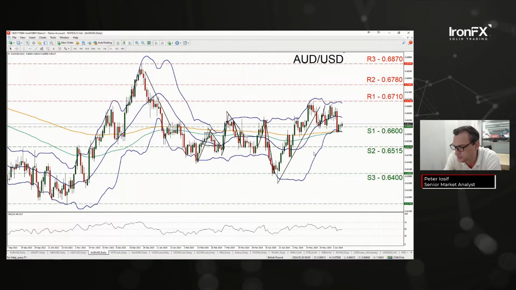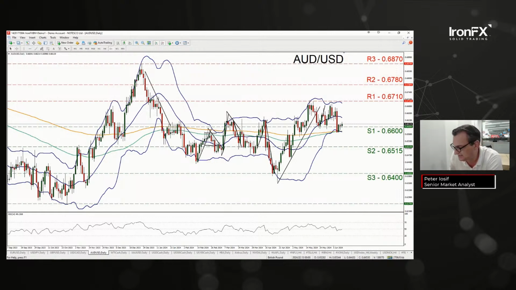On the flip side, should the USD side of the pair actually gain, then we may see the pair breaching the S1 0.66 and start aiming for the S2 0.6515. For the time being, though, once again, note the flattening of the moving averages, note the RSI indicator, which remains close to the reading of 50. All of that tend to imply some sideways motion.